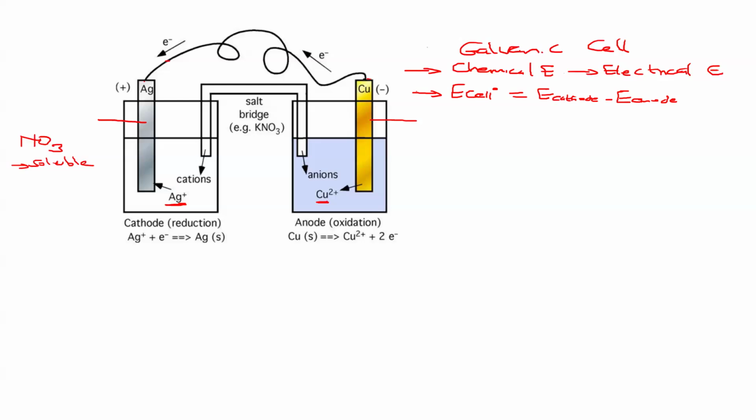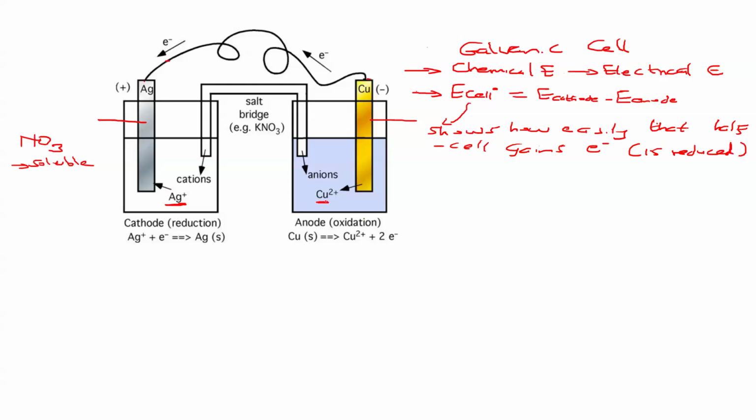For each half cell, the electrode potential E shows how easily that half cell gains electrons. It means how easily it is reduced.